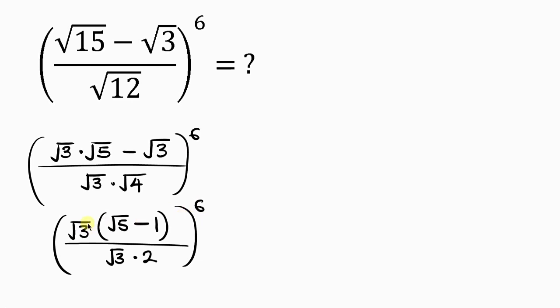Now notice that the square root of 3 can cancel off the square root of 3, leaving behind the square root of 5 minus 1 in the numerator all over 2 in the denominator. And this expression is raised to power 6. Our next step would be for us to introduce substitution.